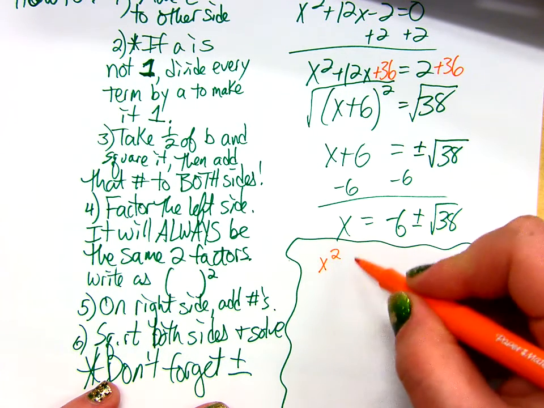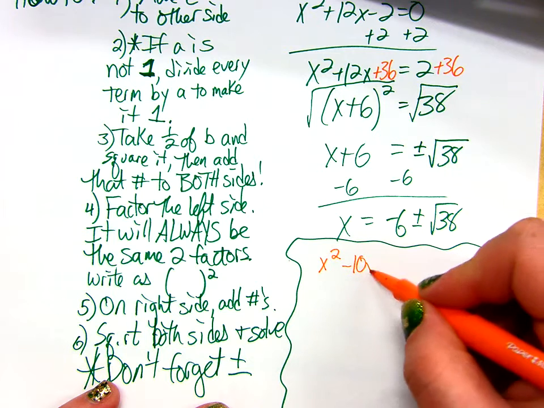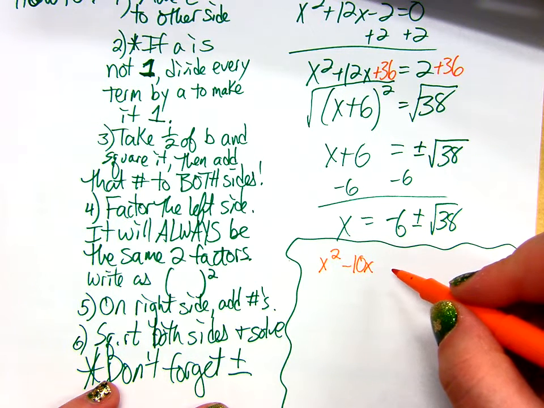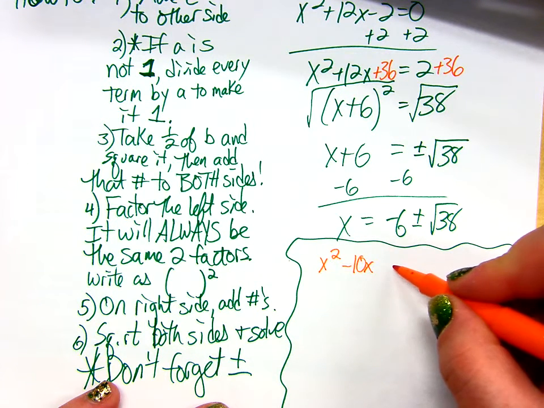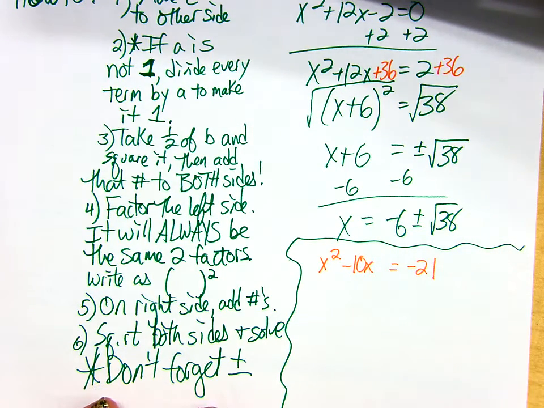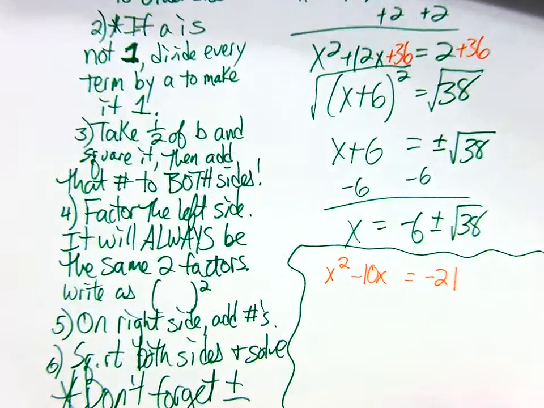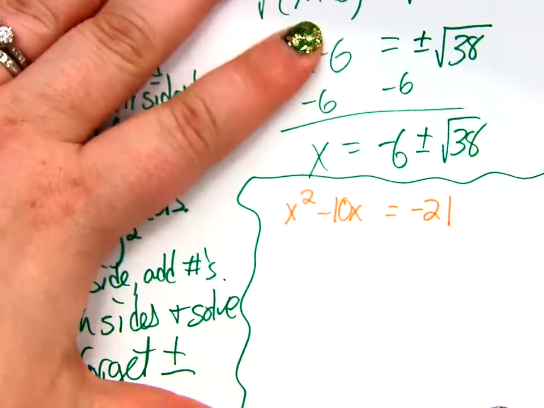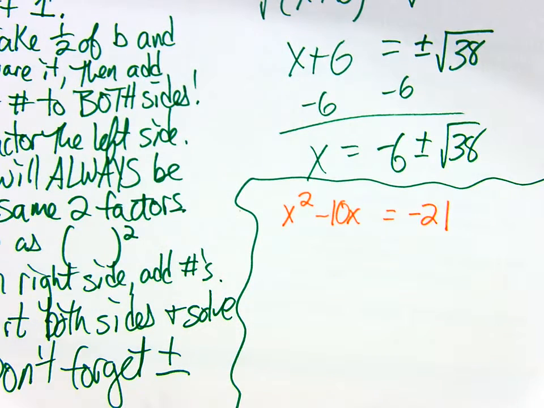Okay, x squared minus 10x equals negative 21. So this time, looks like C is already on the other side. So step 1's already done for me.